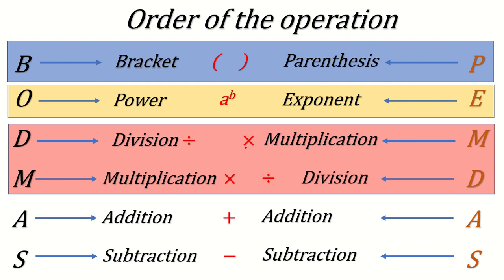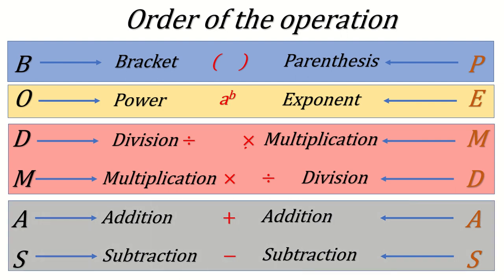Another category is addition and subtraction, and again it is from left to right. While going from left to right, if you find subtraction first, you will do subtraction. If you find addition first, then you will do addition. So this is the proper BODMAS or PEMDAS rule.